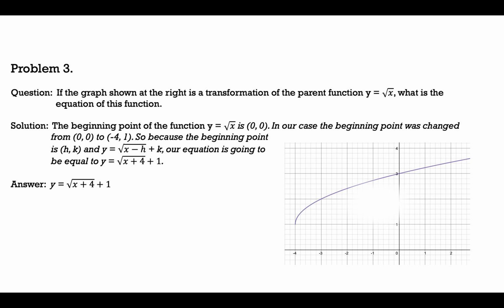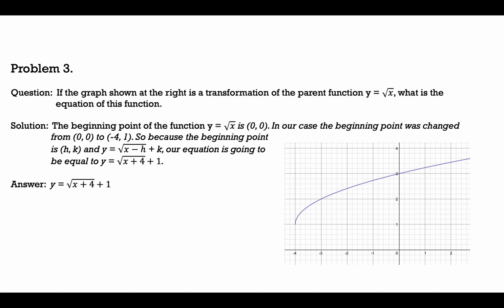And here is problem 3. It asks: the graph shown at the right is a transformation of the parent function y equals square root x. What is the equation of the function? It's almost the same thing, but we just try to concentrate on it. For this one, the beginning point of the function y equals square root x is 0, 0.